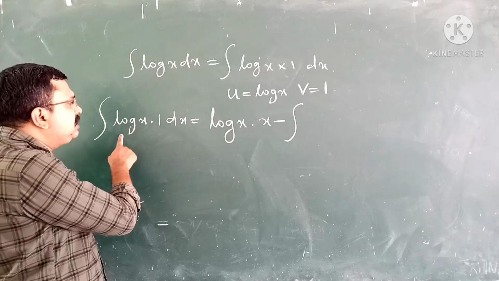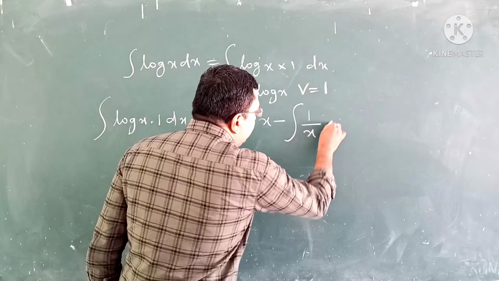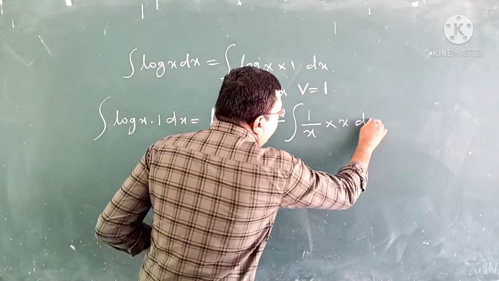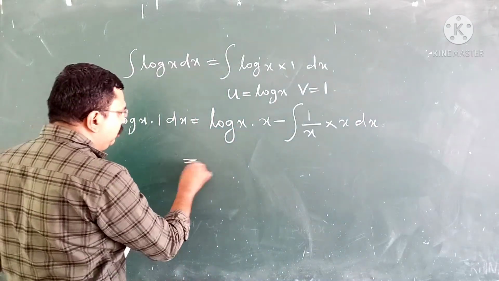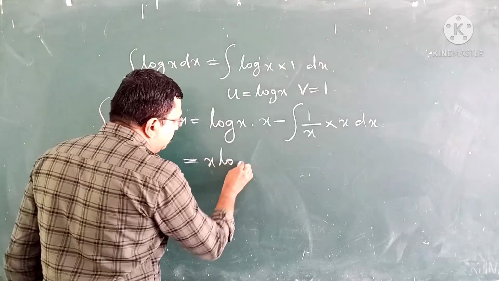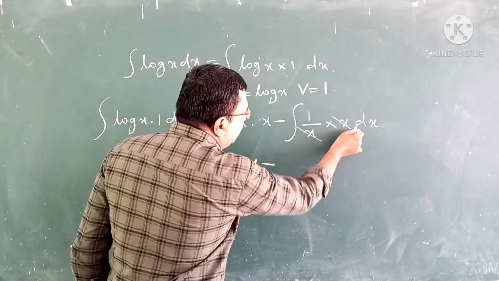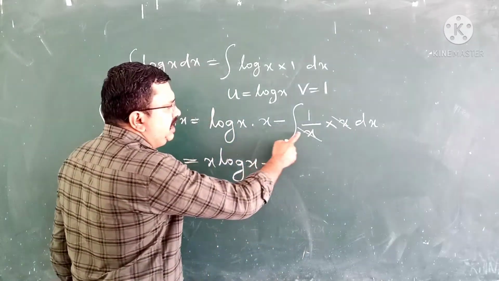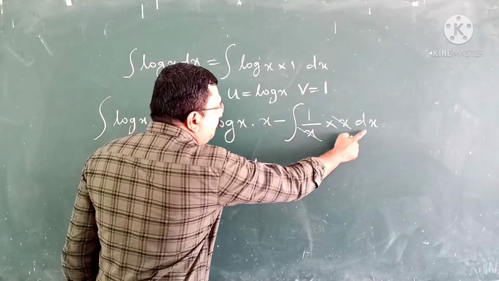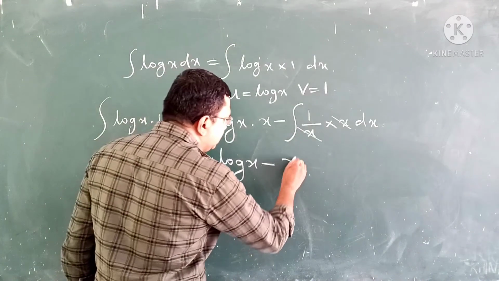Derivative of first means derivative of log x, that is 1 by x, into integral of second, x dx. Okay, that is equal to log x into x, which can be written as x log x minus, here x and x cancel, then the remaining is minus integral of 1 dx. We know that integral of 1 dx means integral of dx, that is equal to x.